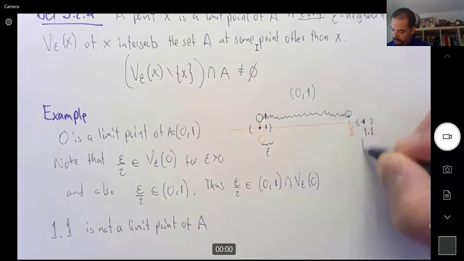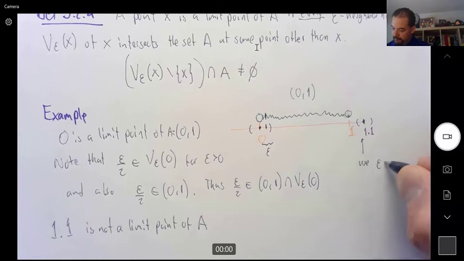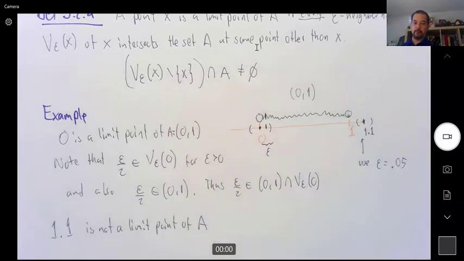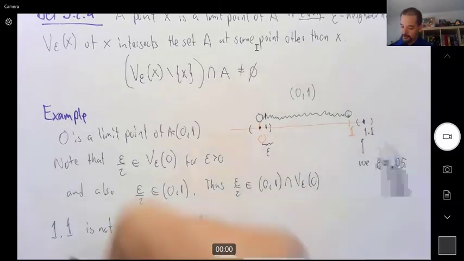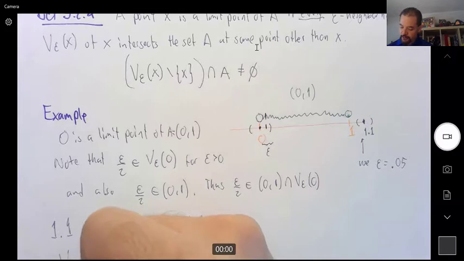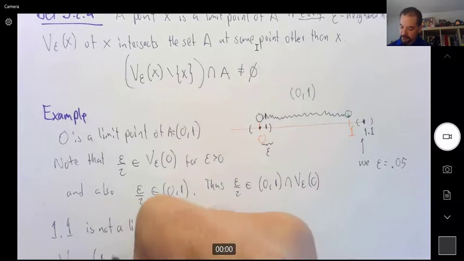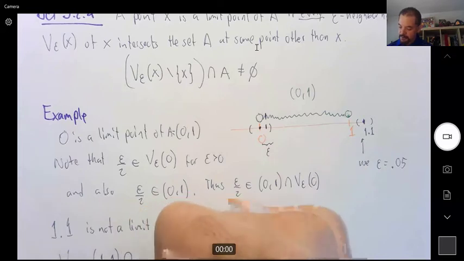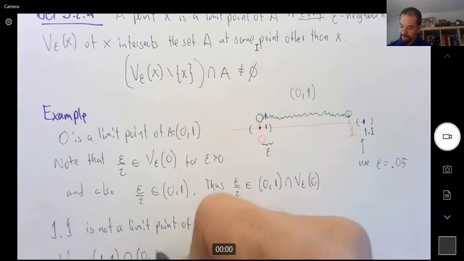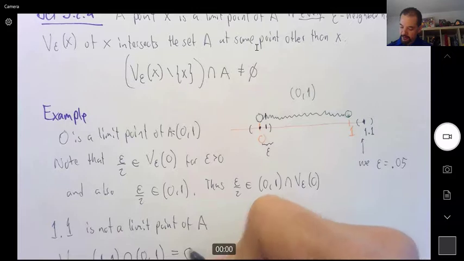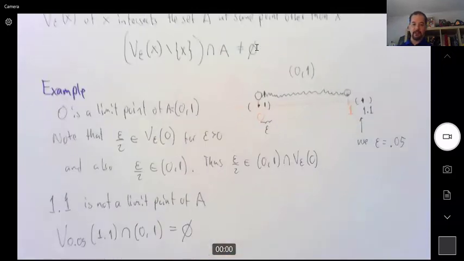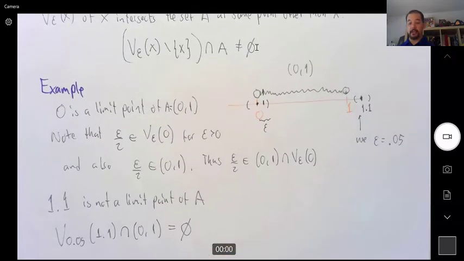So use epsilon equals, what do I need? Half of 0.1, so 0.05, right? If I use 0.05, then the neighborhood of radius 0.05 centered at 1.1, if you intersect it with (0, 1), you get nothing, right? It has nothing there. So it fails the property, correct?